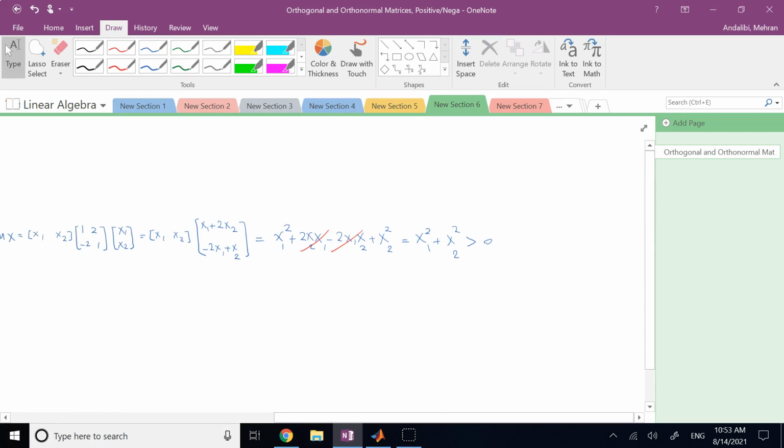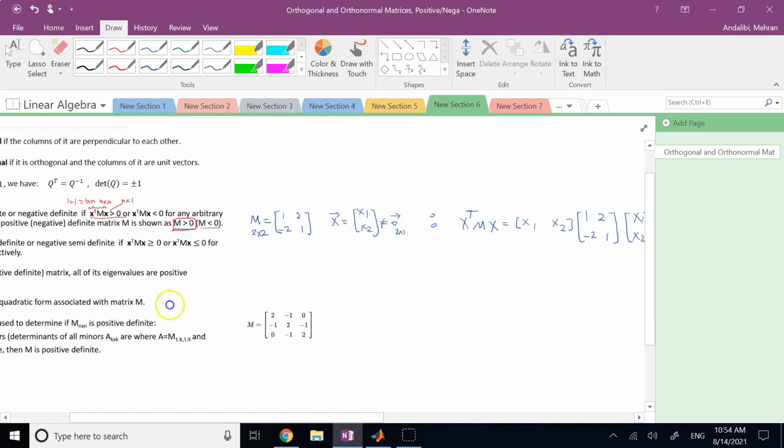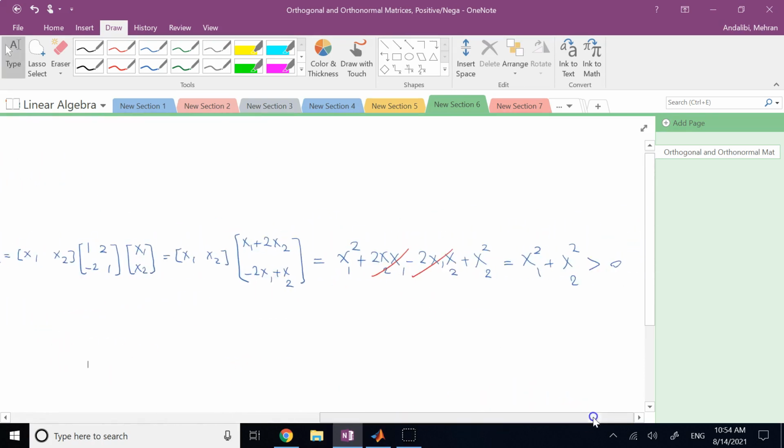This matrix is positive definite as long as the vector x is not equal to a 0 vector. Now, let's go back and look at a couple of things before we finalize our conclusion about this M matrix, which is apparently positive definite based on what we define.